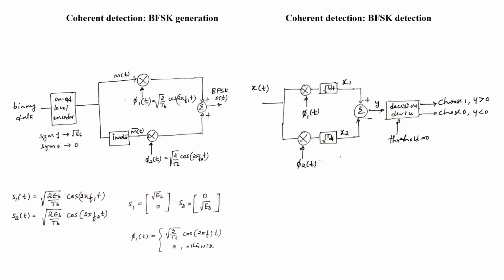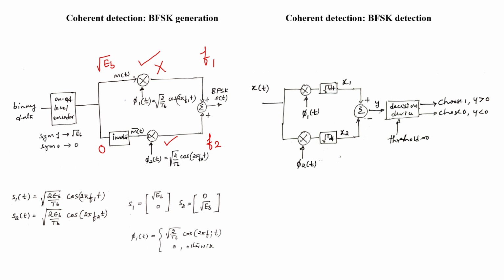Whenever bit 1 is transmitted, the encoder will generate square root of EB. Therefore, the upper branch is active and it will generate the BFSK wave of one frequency. If the output of the encoder is 0, because of the inverter, the top branch is inactive and the bottom branch is active, and we get the second wave of the second frequency.